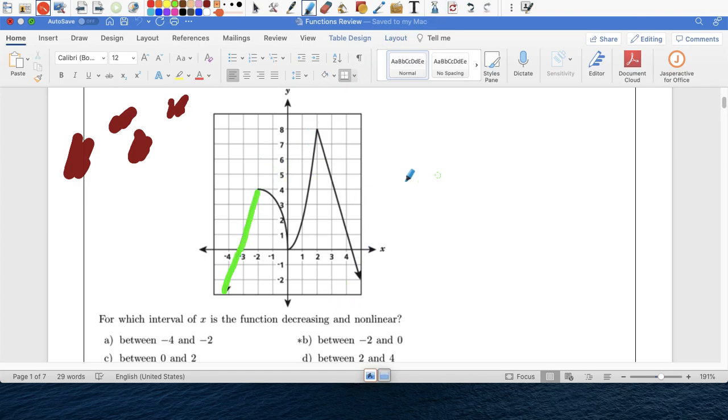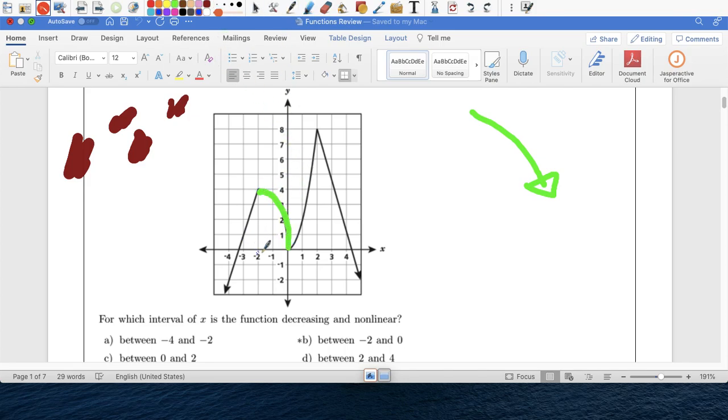This one, we want a section of the graph where it's decreasing, meaning it's going this way, and nonlinear, which means it's not a straight line. So something that's decreasing shows that it's decreasing and not a straight line. So the only section that shows that is right here. And what is that interval?